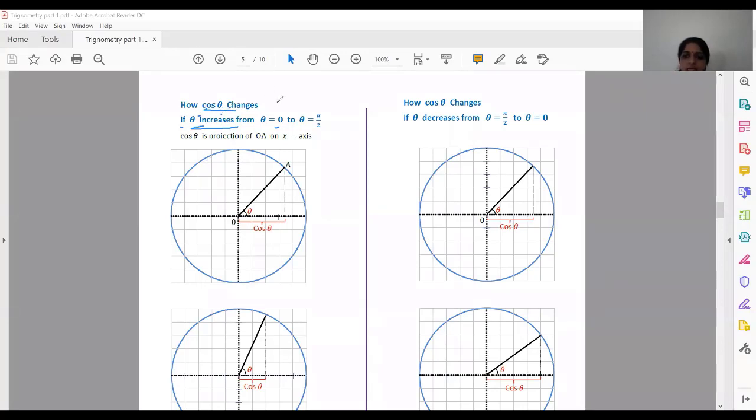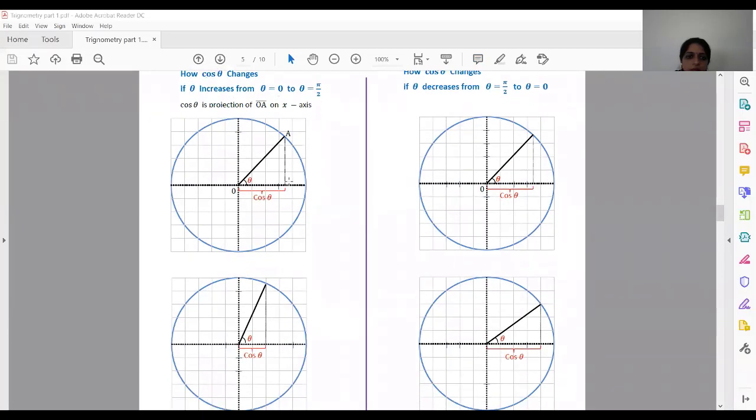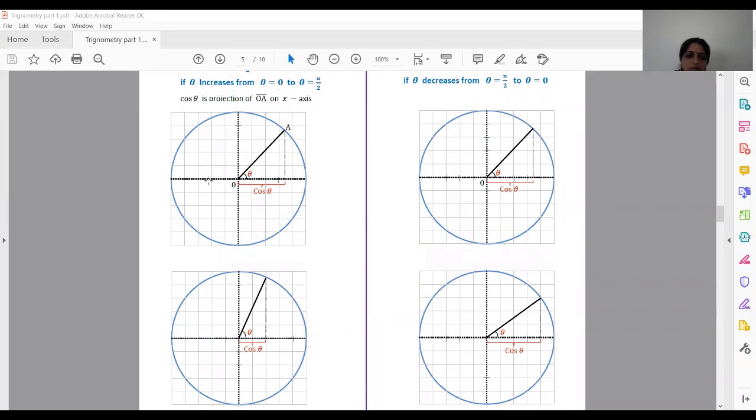So you can easily understand with this left hand side figure. You can compare these two figures. In the first figure, theta will be approximately 45, and in the second figure, theta will be approximately 65 to 70, right? So here theta increases in the first quadrant.